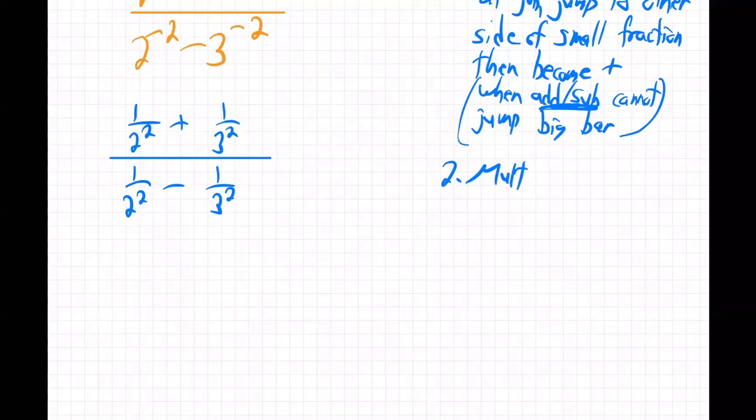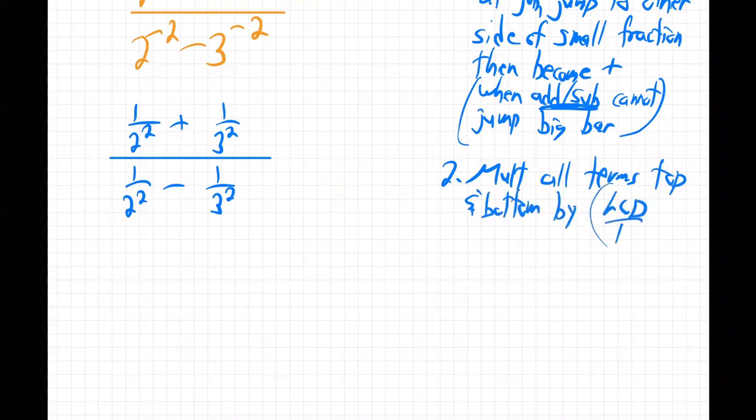This is a complex fraction now, right? Fractions over fractions. So we're going to multiply all the terms, top and bottom, by the LCD over 1. And what is the LCD?